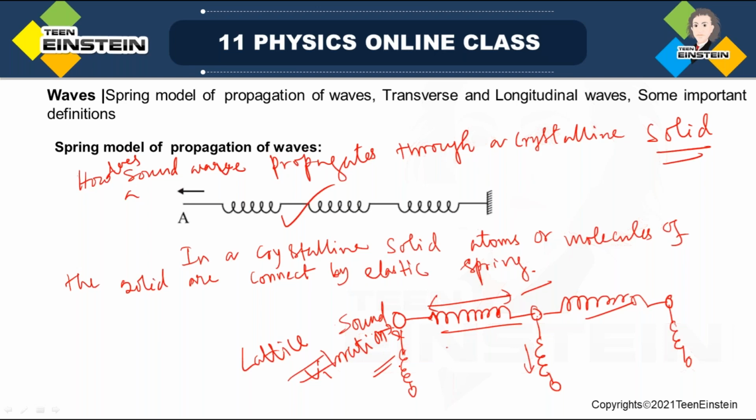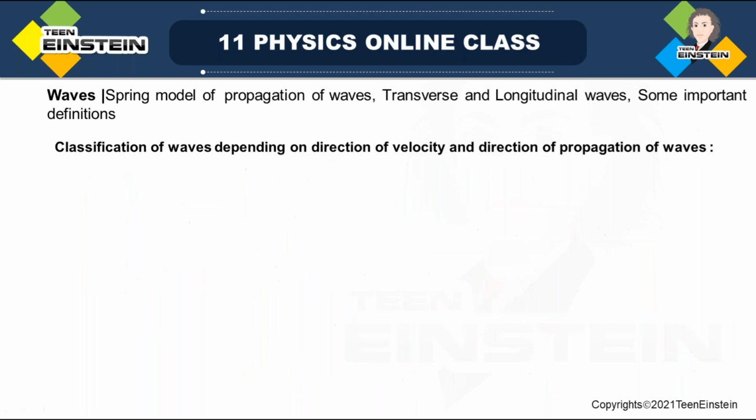All right. We'll go to the other part of today's discussion, that is classification of waves. It depends on the direction of velocity of the wave and the direction of velocity of the material particle in the medium. So depending on this, the wave can be classified into two categories.